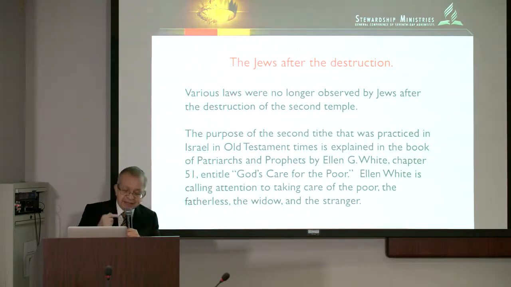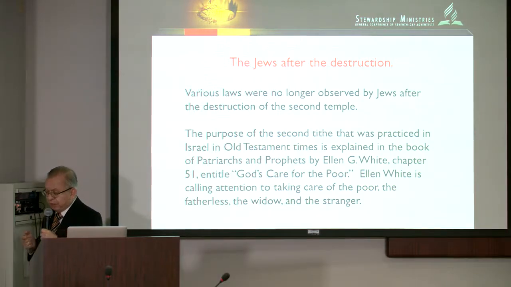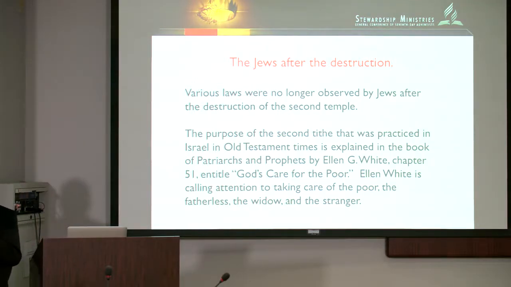Now, in this book, you are going to find a reference that the majority of the Jews gave 25% of the income, and a few gave 1/3.